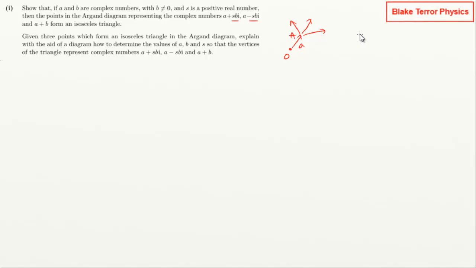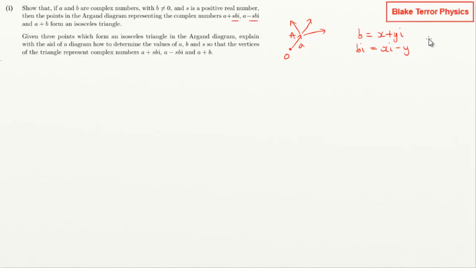So say B is x + yi, and then we do Bi. S is just a scale factor, because that's just multiplying by a real number, which just increases the length of the vector. So Bi would give us xi − y.